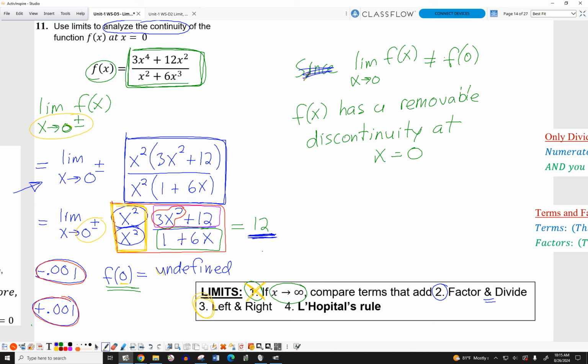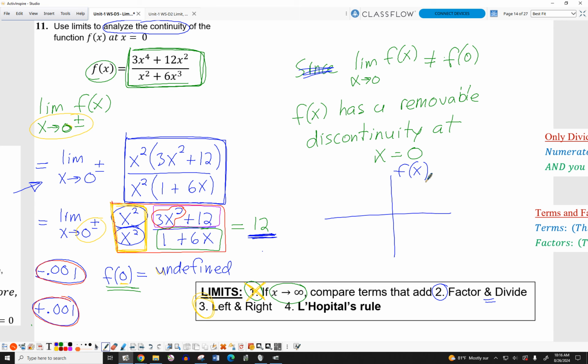to here? Sorry, saying that the limit is 12, but there's a removable discontinuity at 0. Let me draw a picture that might help. So, 3 for Elise. If this were a graph of f, Elise, this is what we would have discovered with our analysis. Near x equals 0, either slightly less or slightly more, the y-coordinate is very close to 12.